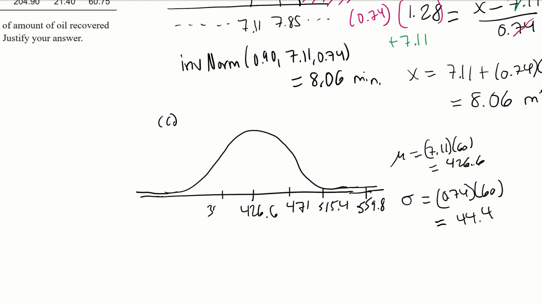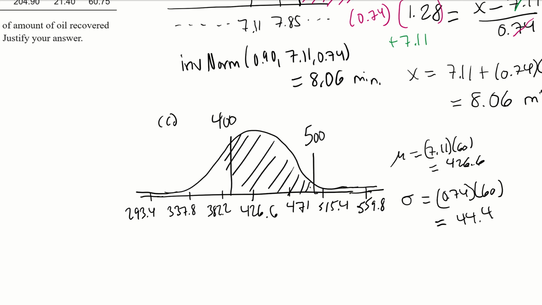Subtract, so that's 382.2, 337.8, and then lastly 293.4. So there's our normal distribution for the times, and we want it to be from 400 seconds now to 500 seconds. That's what they were asking for. We want to shade the area in between here.